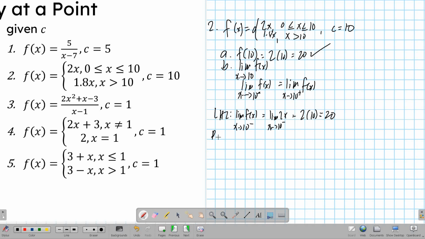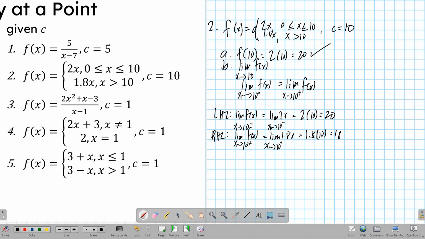For our right-hand limit, we have the limit of f of x as x approaches 10 from the right. For values to the right of 10, we use this expression, 1.8x. So we now find the limit of 1.8x as x approaches 10 from the right. This will be equal to 1.8 times 10, and that would be equal to 80.